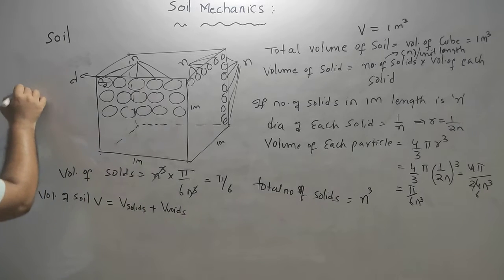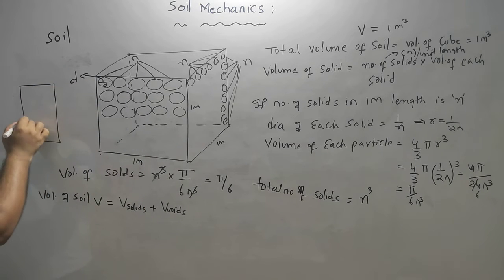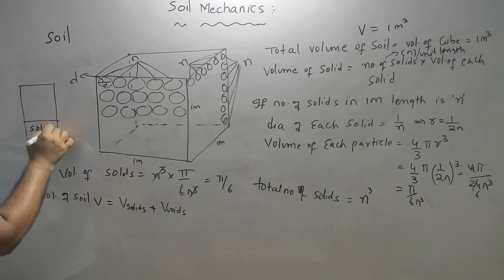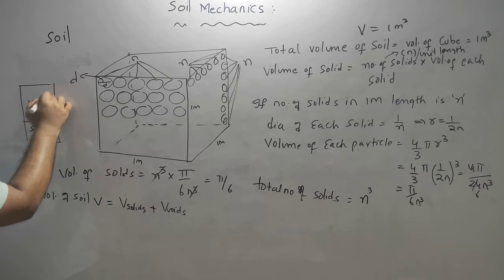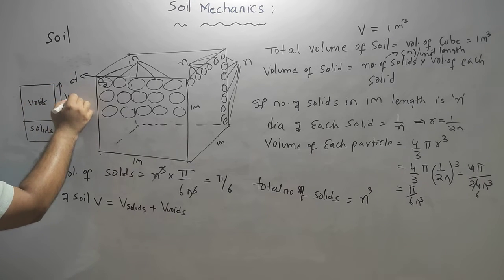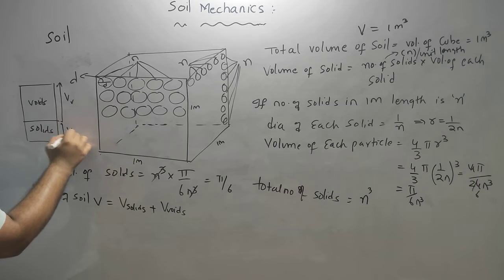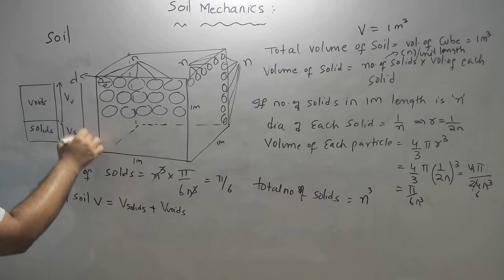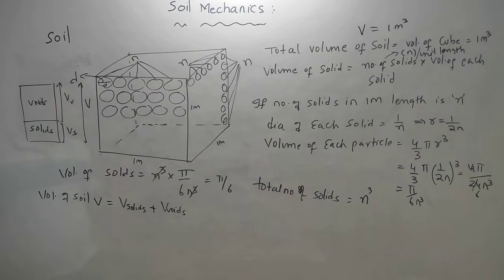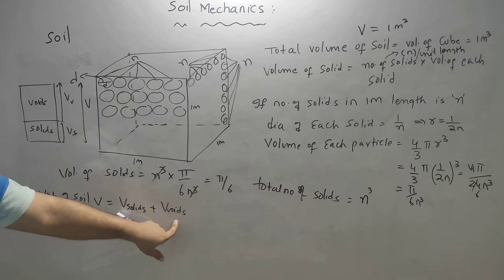See in the phase diagram, this is solids, this is voids. So this is the volume of voids, this is the volume of solids. So the total volume of the soil is nothing but volume of voids plus volume of solids. So this is fixed.